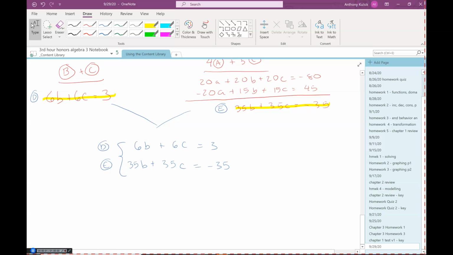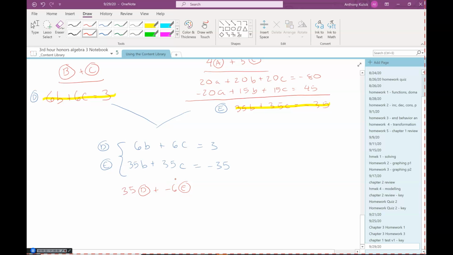So what is the common multiple between 6 and 35? Well, it's just going to be 6 times 35, right? That's as good as we can do. So we're going to do 35 times D plus negative 5 times E, or I'm sorry, negative 6. You could have put the negative sign on the other one. It doesn't really matter.